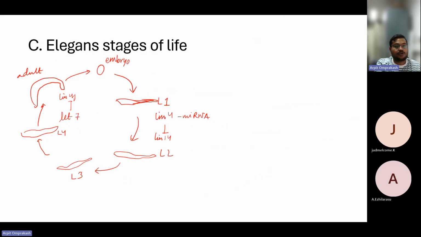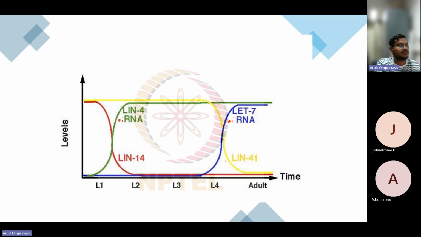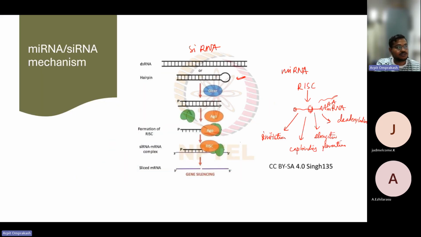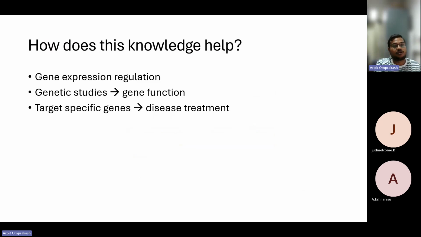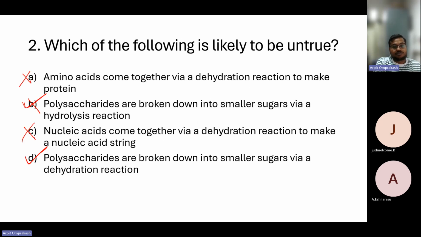Then we talked about how microRNA was discovered in C. elegans and how it leads to gene regulation. Then the mechanism of gene regulation used in microRNA and small interfering RNA, siRNA. Then how Mello and Fire developed the process of RNA interference, which leads to a lot of interesting biotech applications. And then we discussed questions.